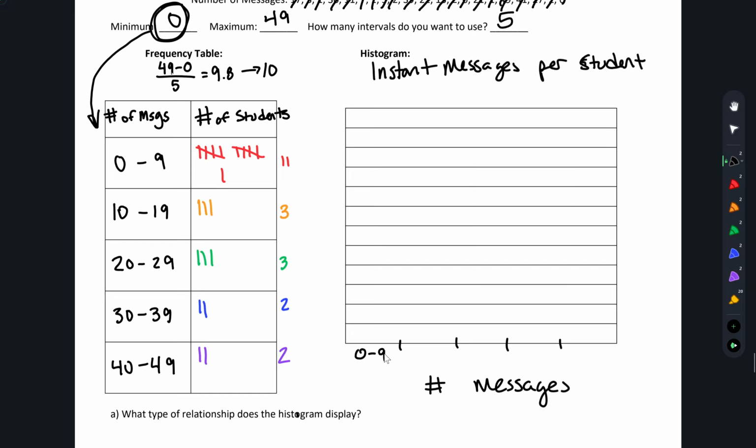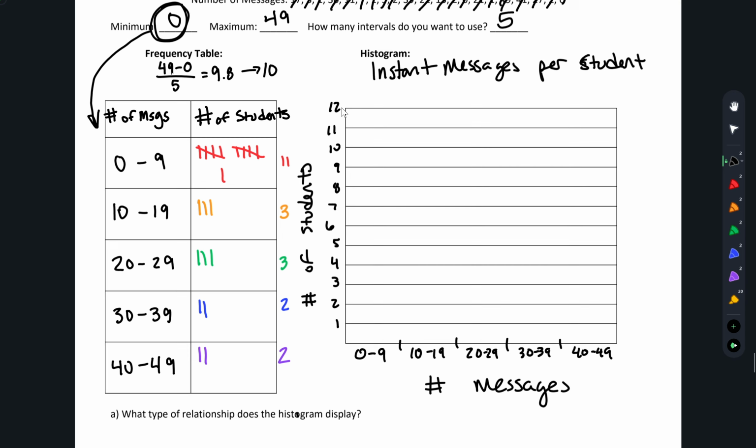So 0 to 9, 10 to 19, 20 to 29, 30 to 39, and 40 to 49. And then up the left side, this should be our number of students. It matches our frequency table, and we're just going to count by ones. 1, 2, 3, 4, 5, 6, 7, 8, 9, 10, 11, 12.